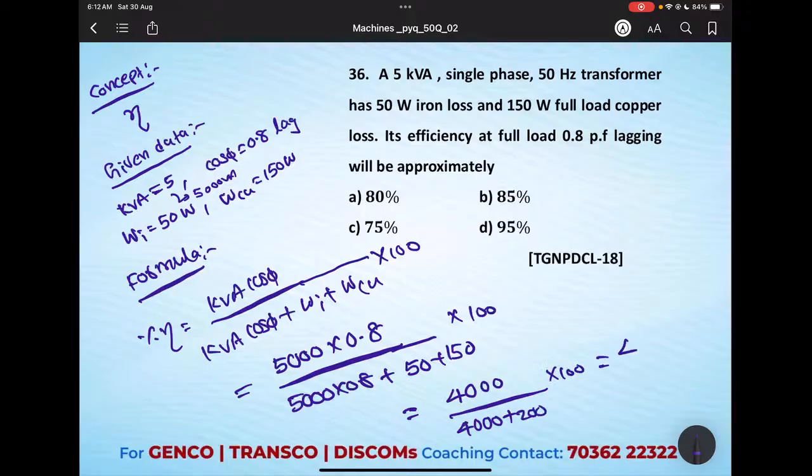It's around 4000 divided by 4200, into 100. 20 by 20 is 21. It's nearly about 95%. So our option will be D.